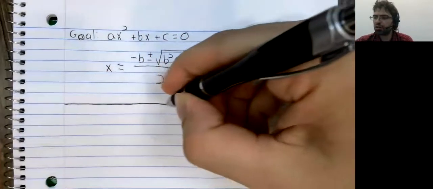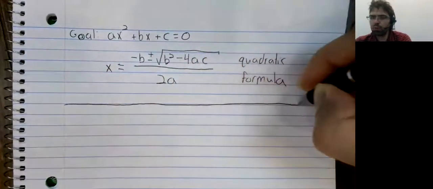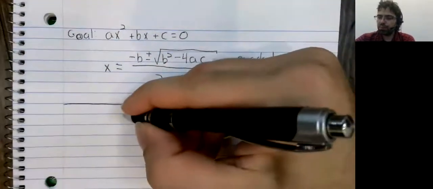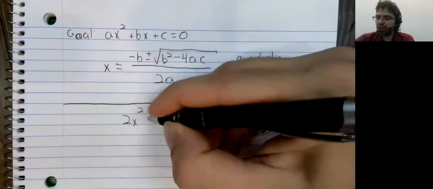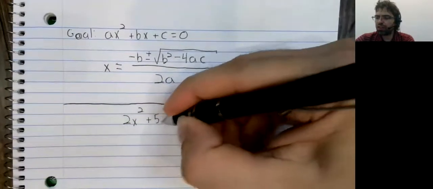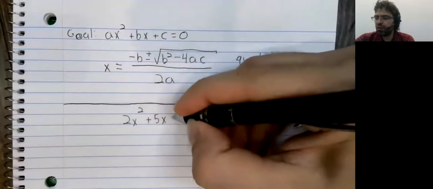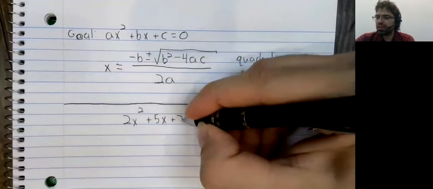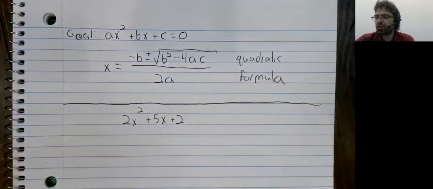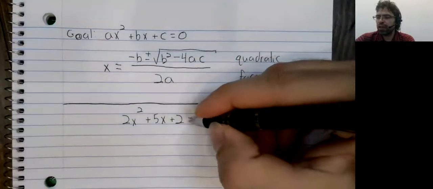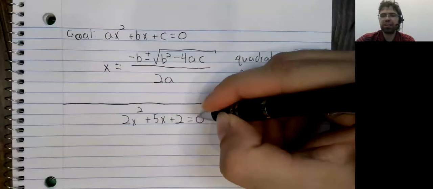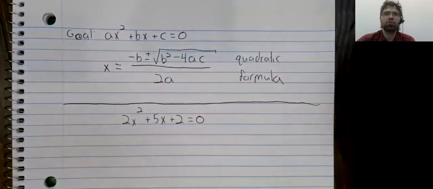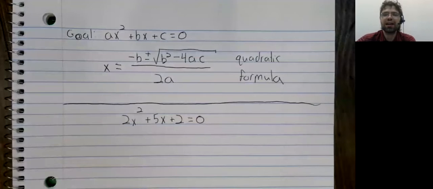Let's start simple. And by simple, I mean that all of our coefficients will just be nice integers, and we don't have any complex numbers or anything like that.